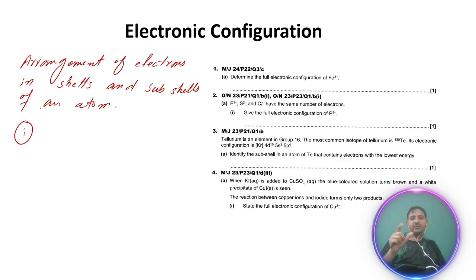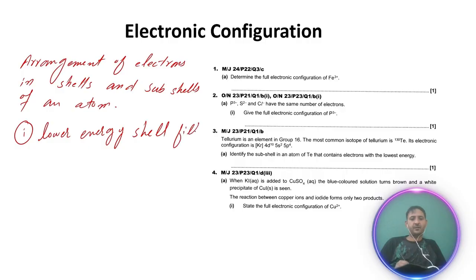If you are filling electrons, always choose the lowest possible energy shell first. Number two: if you have the same shell, what are subshells?